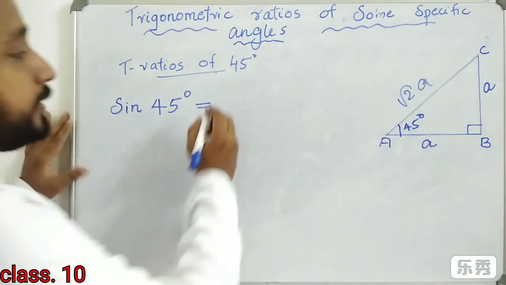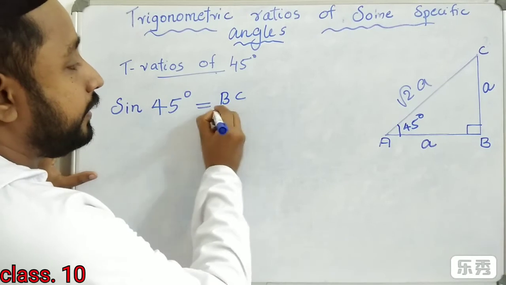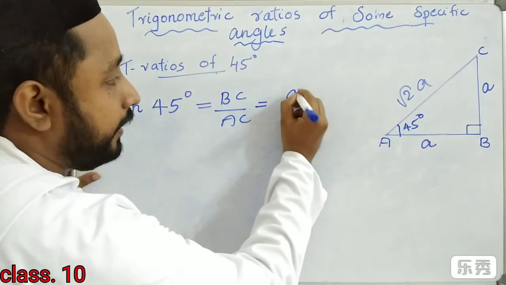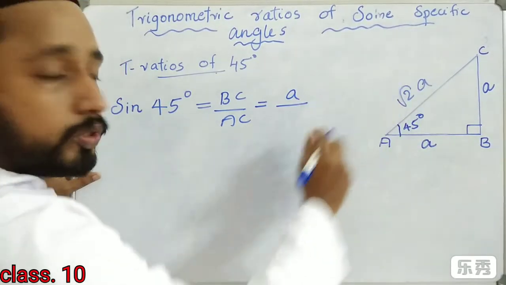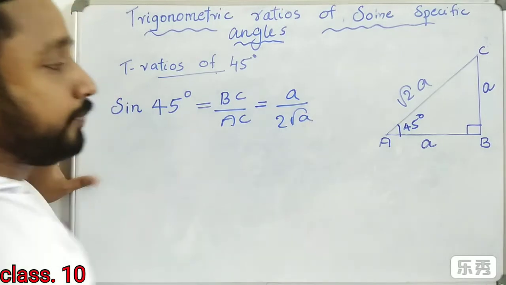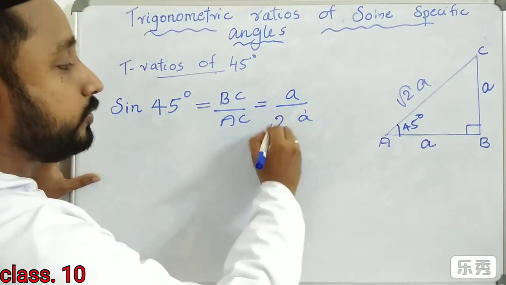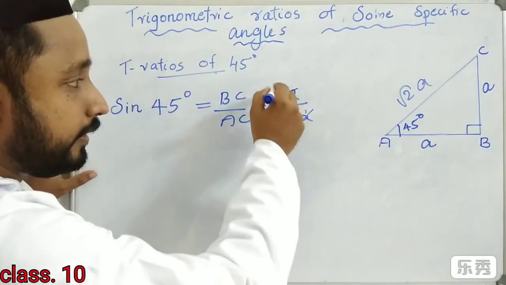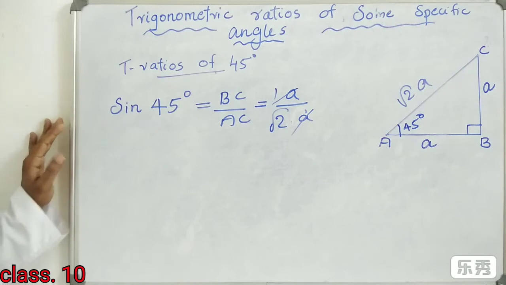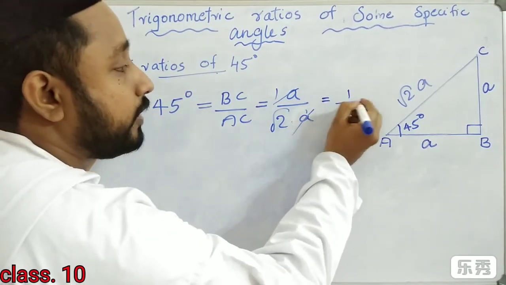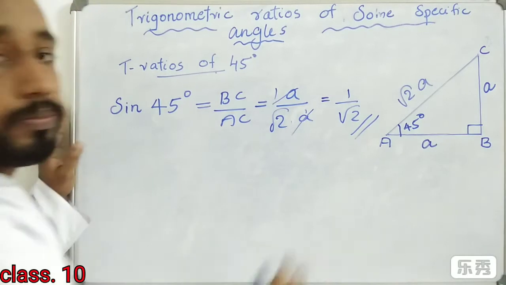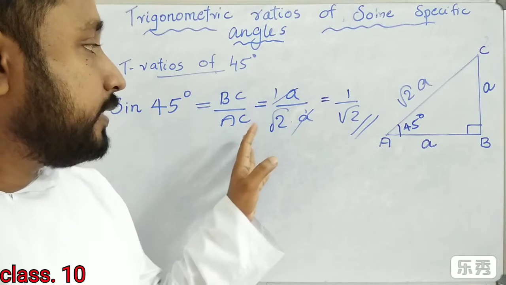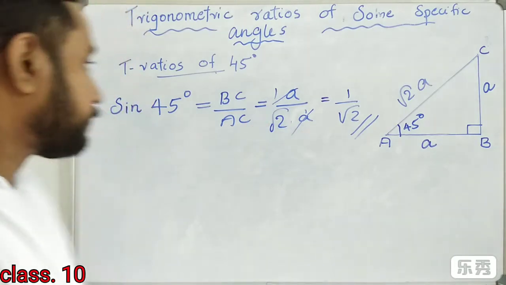So sine 45 degrees is equal to BC by AC, which is a by root 2 a. We can cancel a and a, so we get 1 by root 2. So sine 45 is equal to 1 by root 2.